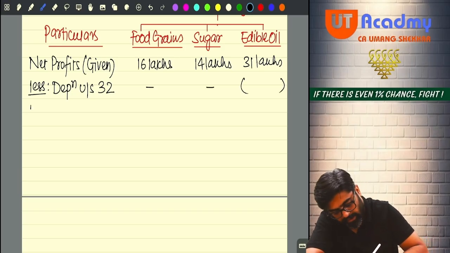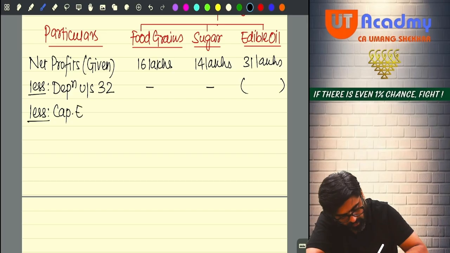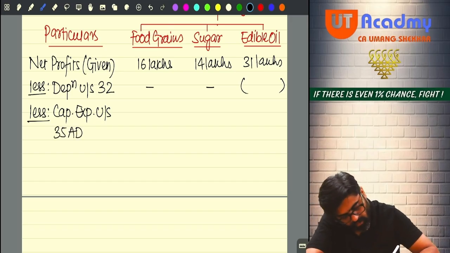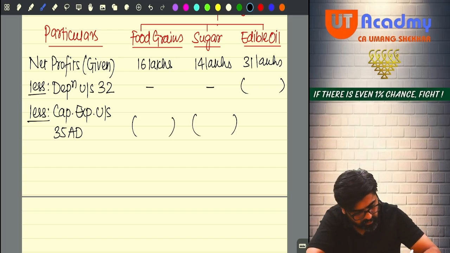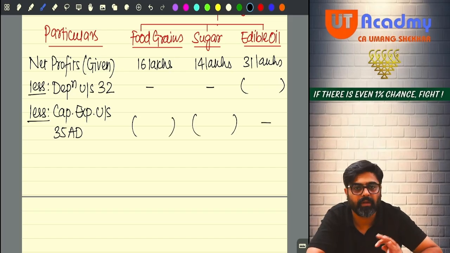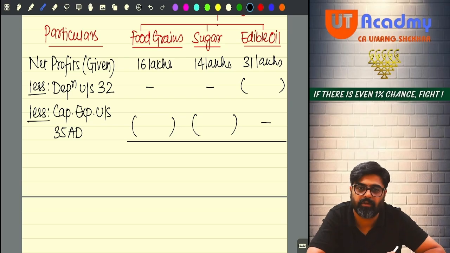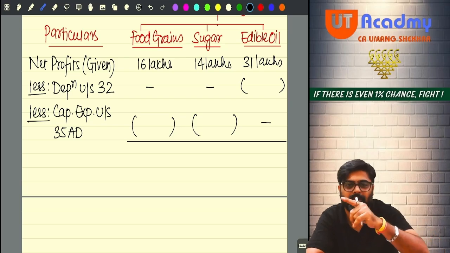And then I will be reducing capital expenditure under section 35AD. From here also I will reduce, from here also I will reduce, but not from here because that is not an eligible business. Okay, I just have to fill in the blanks and I'll get the answer. In 4 lines the answer will be there.